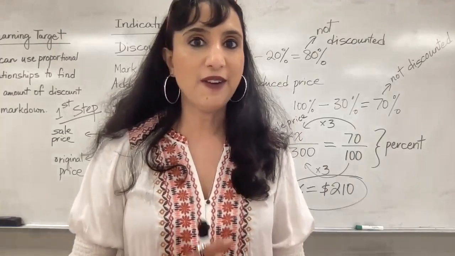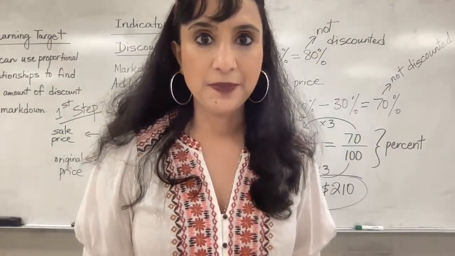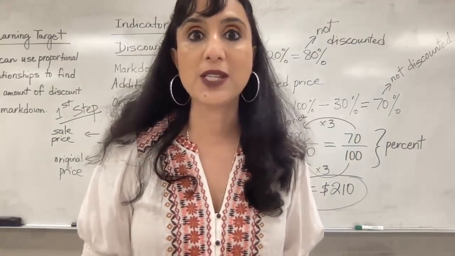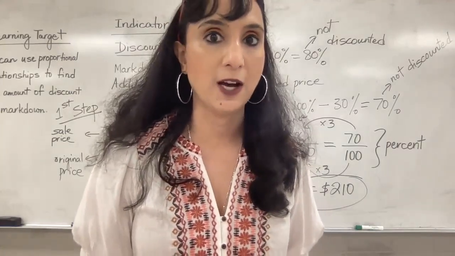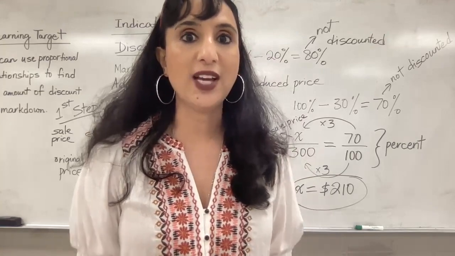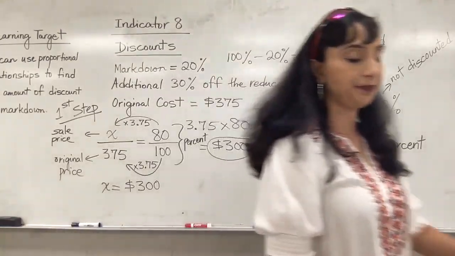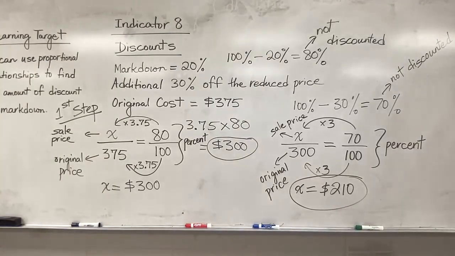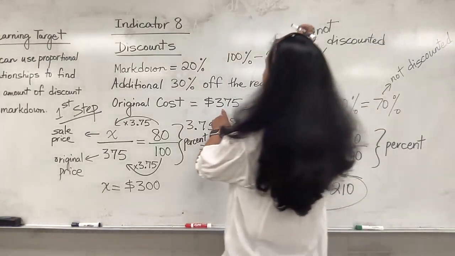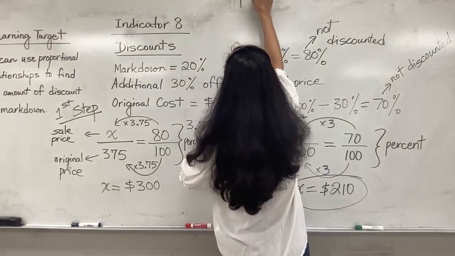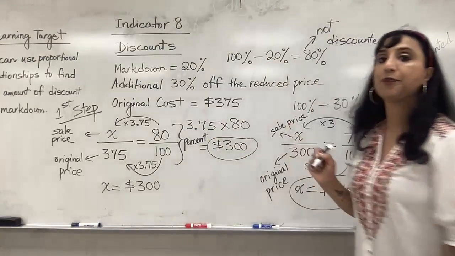So is 50% of the item exactly the same thing as saying take 20% off and then 30% off? So let me show you the calculation. Okay, so let's say I'm saying 50% off. So the original price was how much?